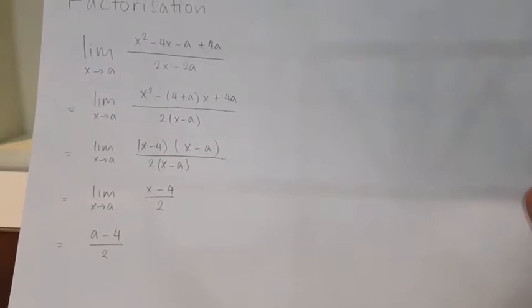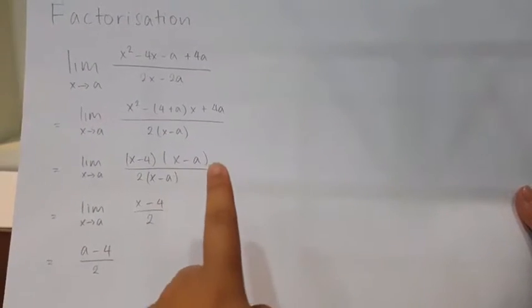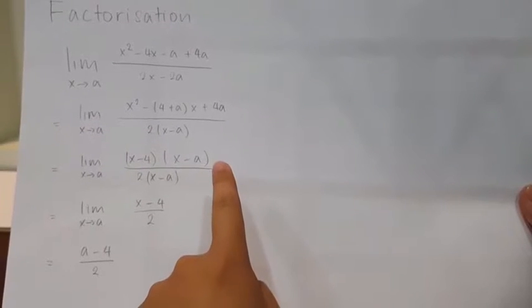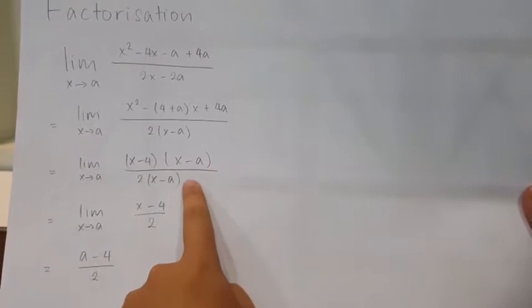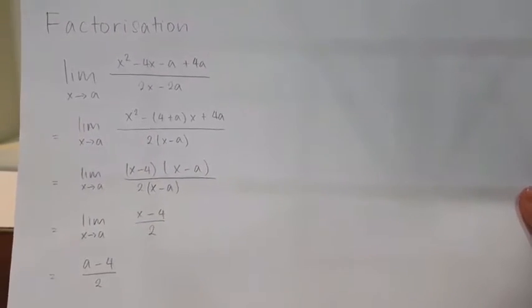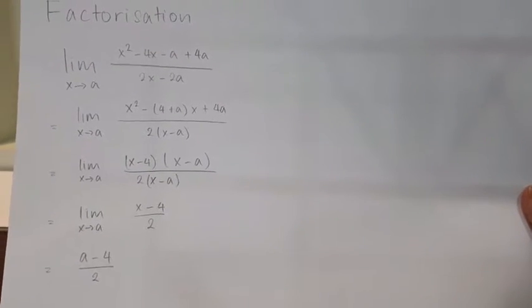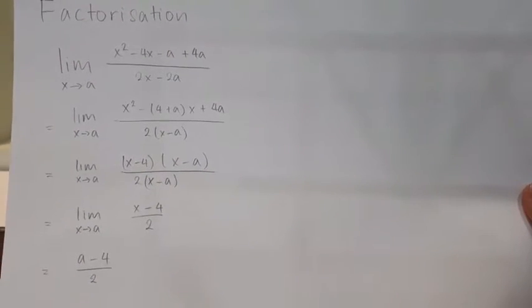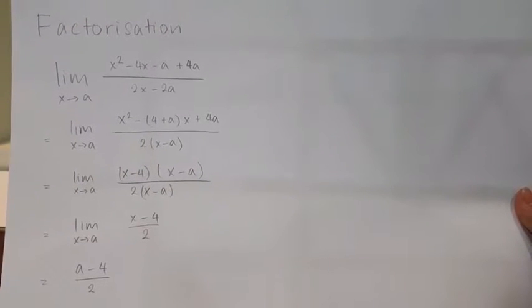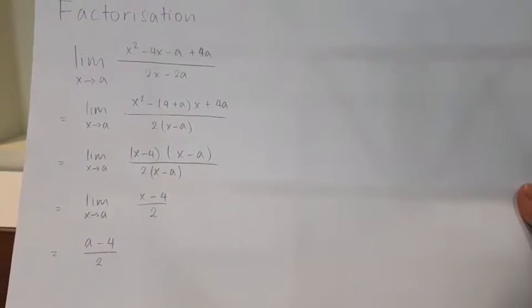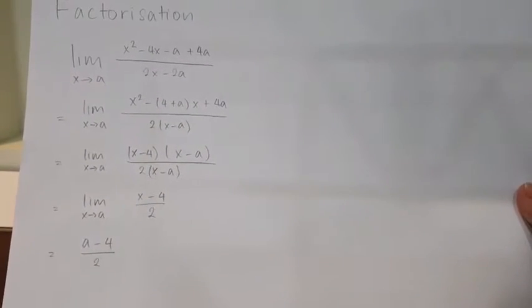Then what we can see here is that there appear to be these two, where we can cross them out. They cancel each other, which results in x minus 4 over 2, where in this case we can directly substitute x equals a into the equation, leaving you with the answer of a minus 4 over 2.